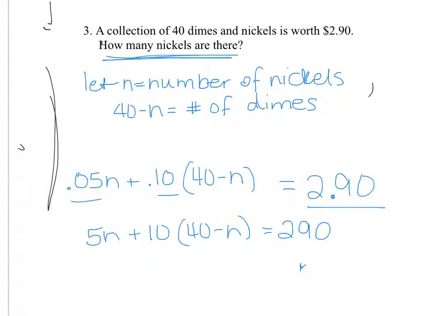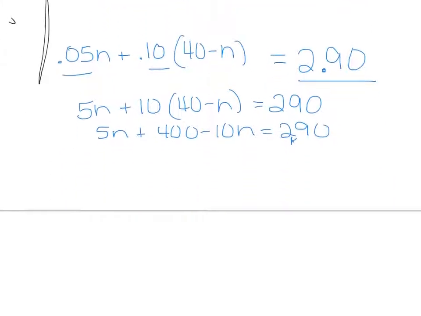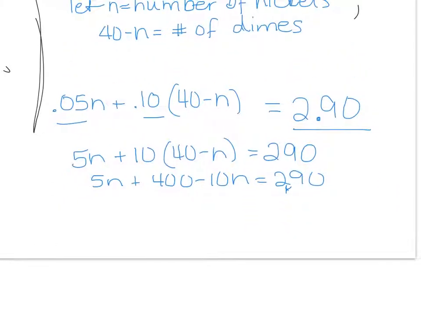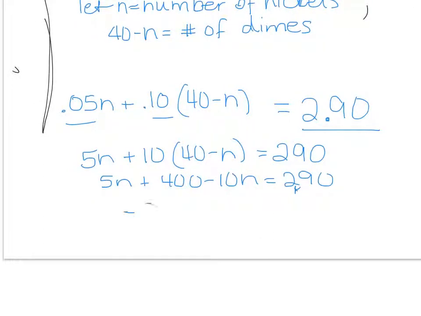All right. So now it's just a little bit easier for me to work with. So I get 5n plus 400 minus 10n equals 290. Okay? All right, so now we're going to clean this up a little bit. So we've got negative 5n plus 400 equals 290.